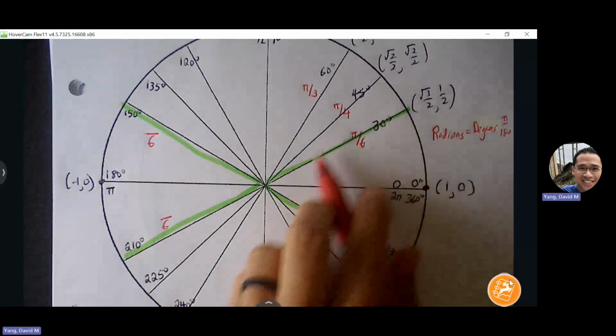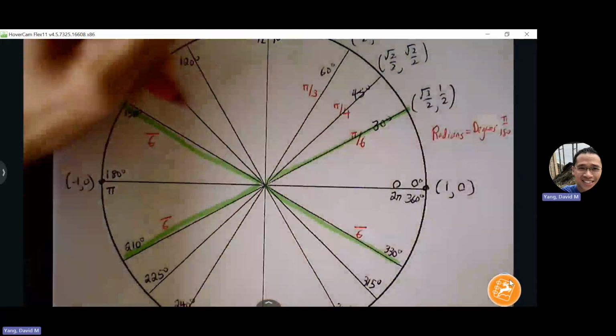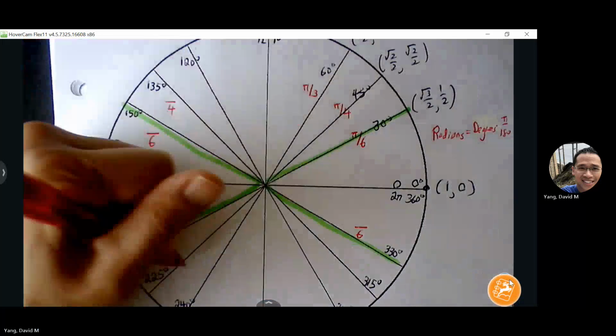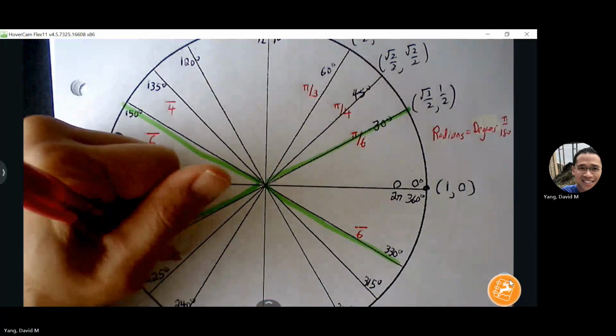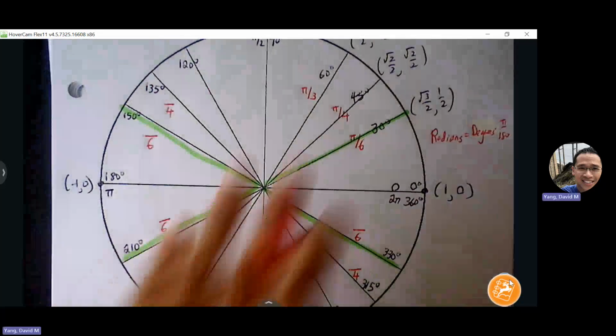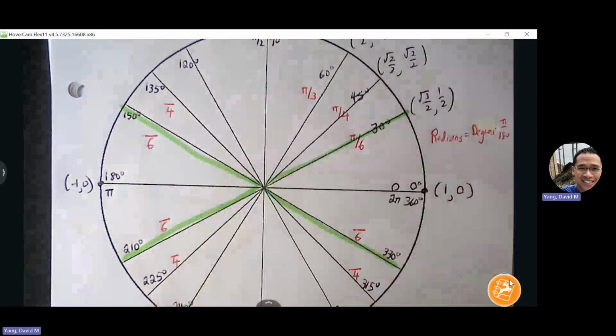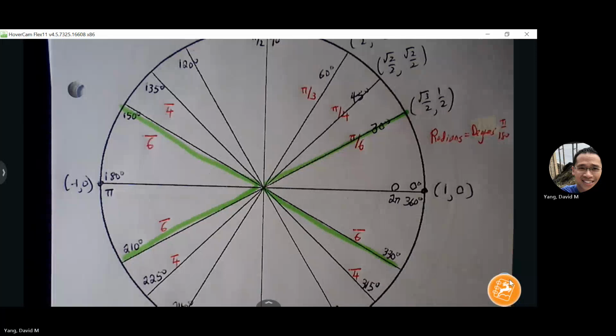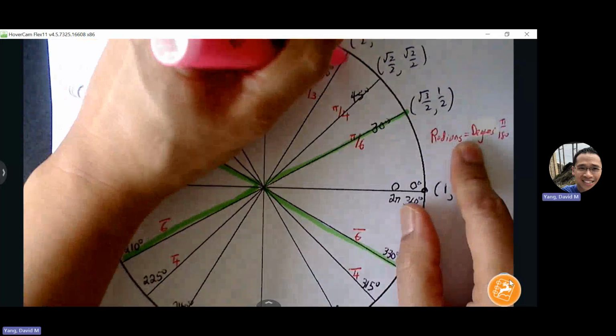All the middle ones will have a denominator of 4. And then all the ones that are furthest away from the x-axis will all have a denominator of 3.